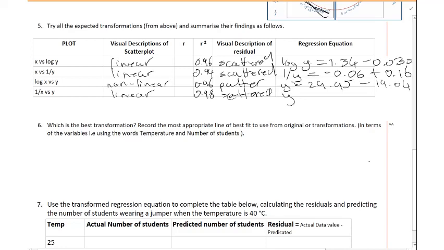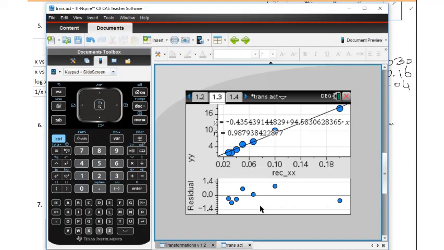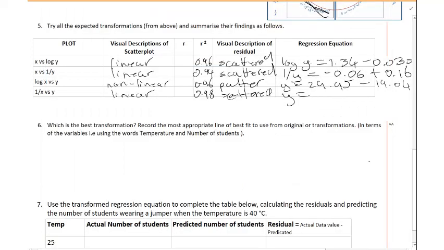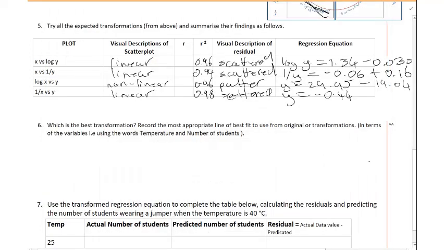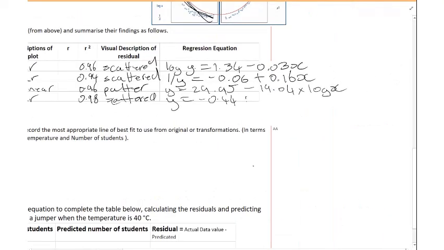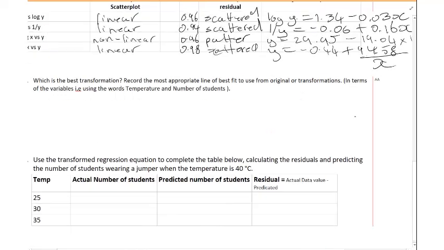And so it's going to be y equals negative 0.44 plus 94.58 over x, because it's 1 over x.